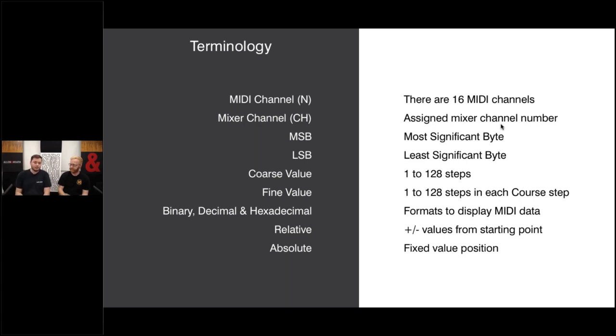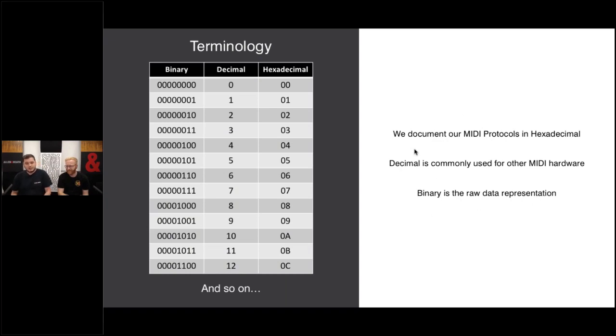If you're on relative, then it doesn't matter where the fader is, you're controlling it from that point, wherever it already is. Hope that makes sense. Just to give you a bit more visual representation of how MIDI is displayed, this is how hexadecimal, decimal, and binary is displayed.